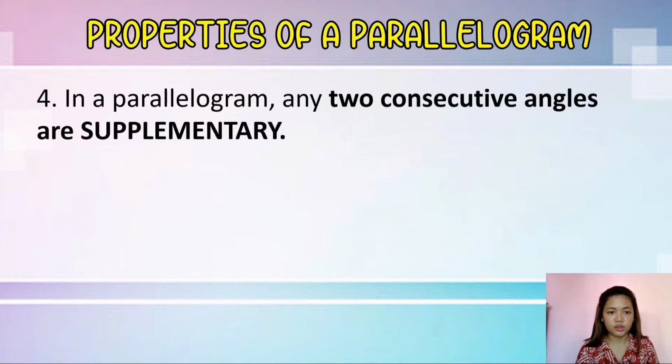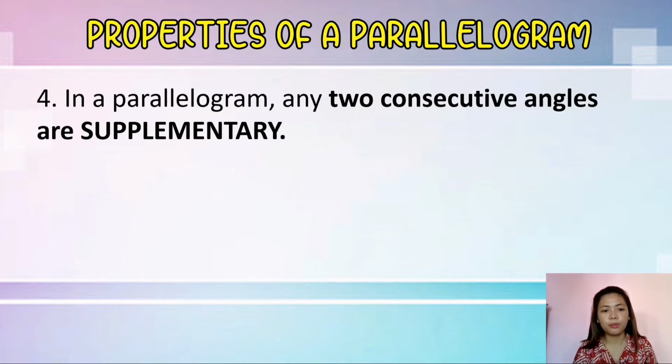Next, so the fourth condition is, in a parallelogram, any two consecutive angles are supplementary. Now, let us highlight the terms consecutive and supplementary. Kapag sinabi natin consecutive, sa Filipino, ang katumbas niyang salita ay kasunod. How about supplementary?